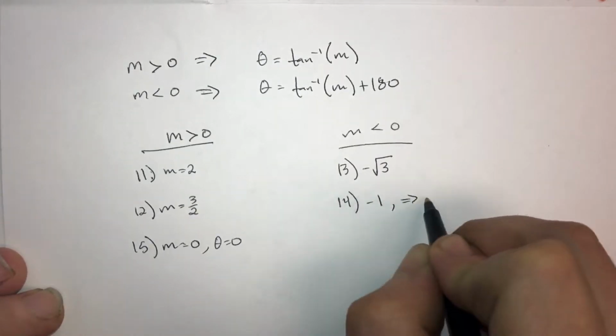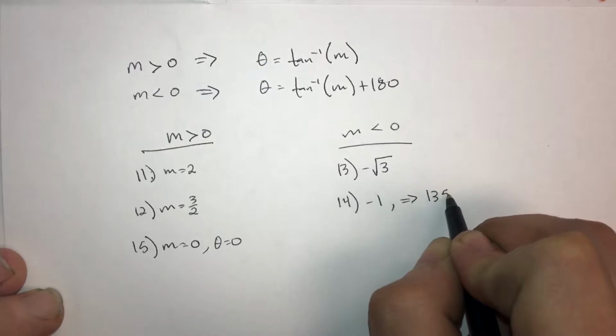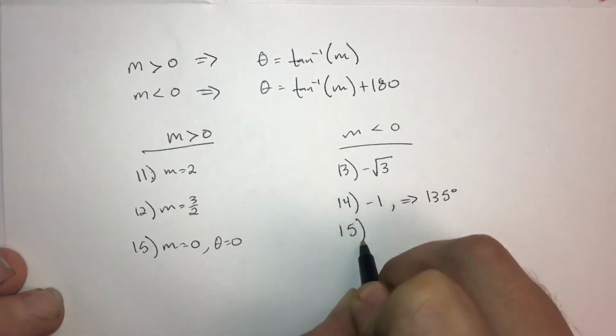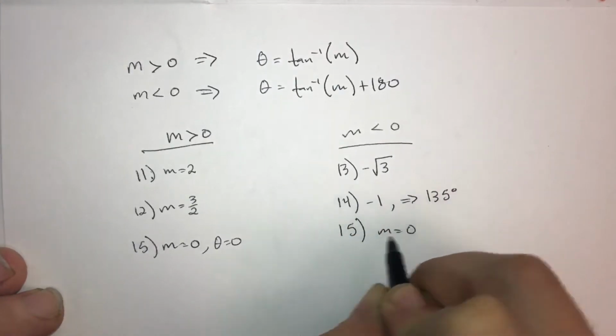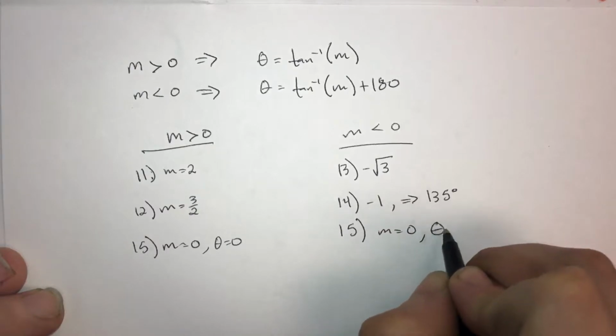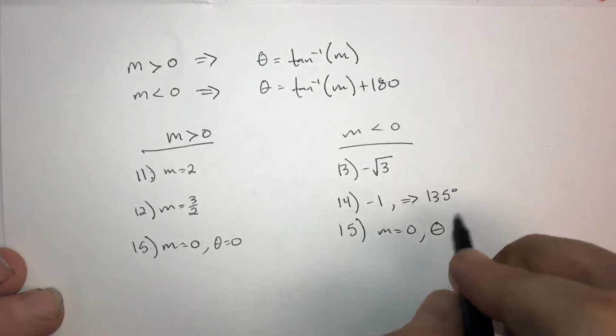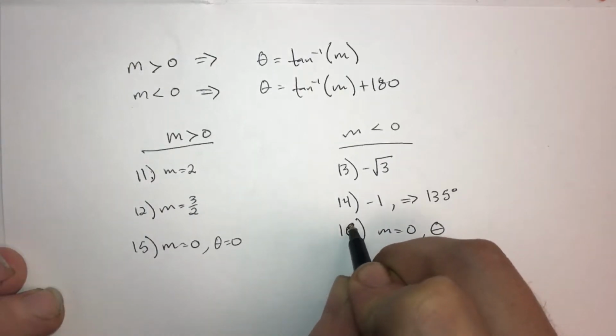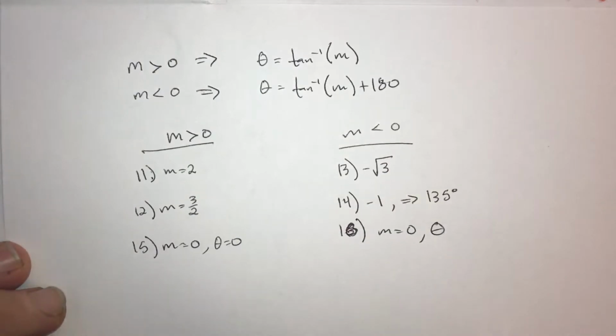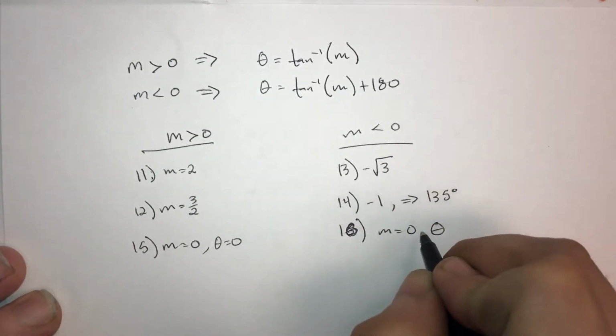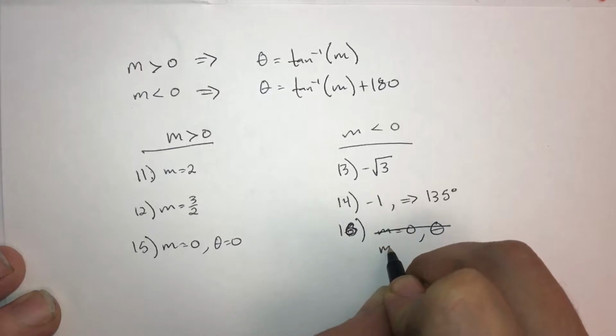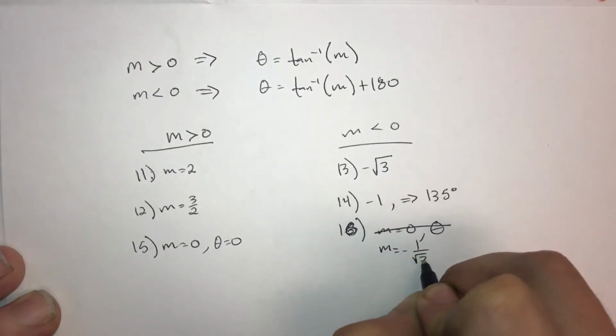If the slope's negative 1, that's 135 degrees. Oh, sorry, 16. That's negative 1 over the square root of 3. So m equals negative 1 over the square root of 3.